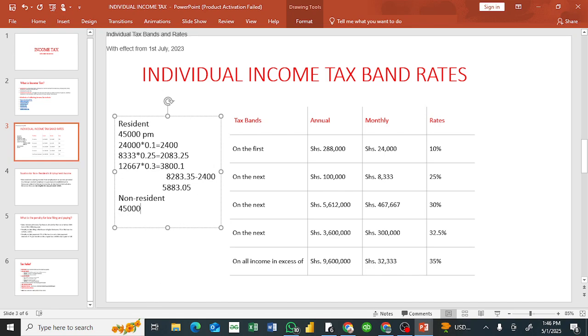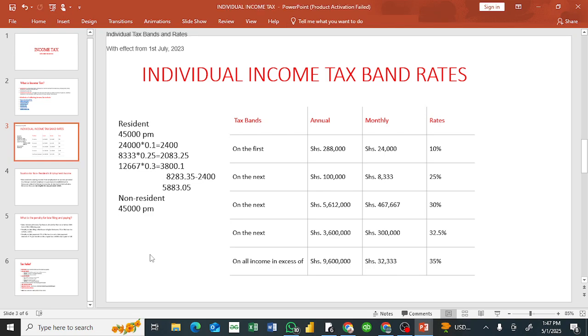Calculate how much tax John will have to pay if he is a non-resident. You can pause the video, do it, then compare your answer with mine.